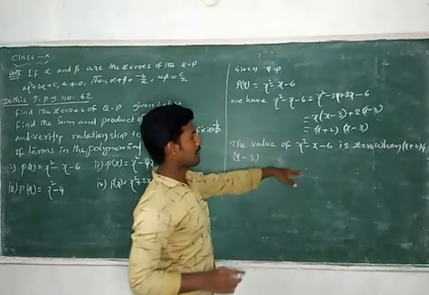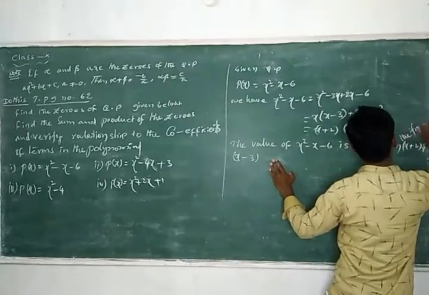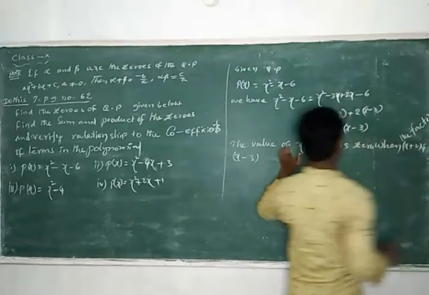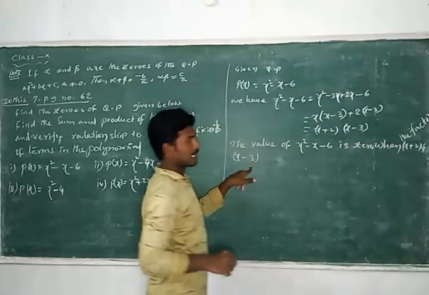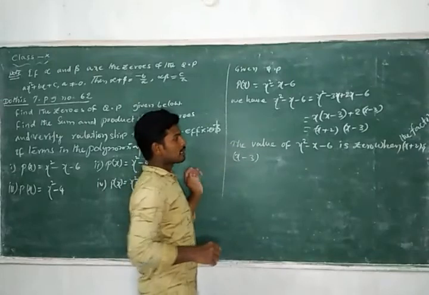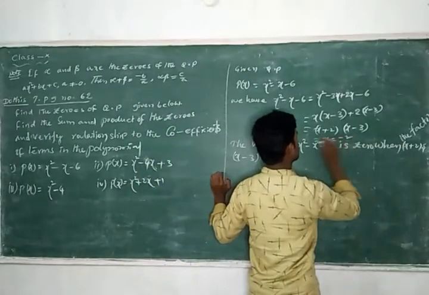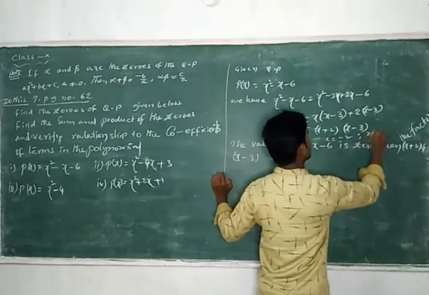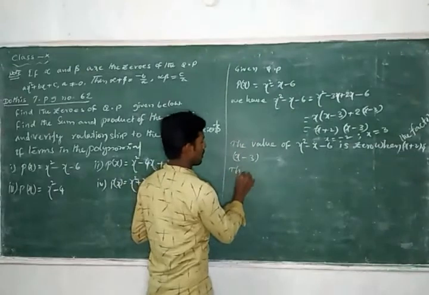So this value becomes 0 only when x plus 2 or x minus 3 becomes 0. So you take x plus 2 means x is equal to minus 2, and x is equal to plus 3. So those are the zeros of the polynomial.